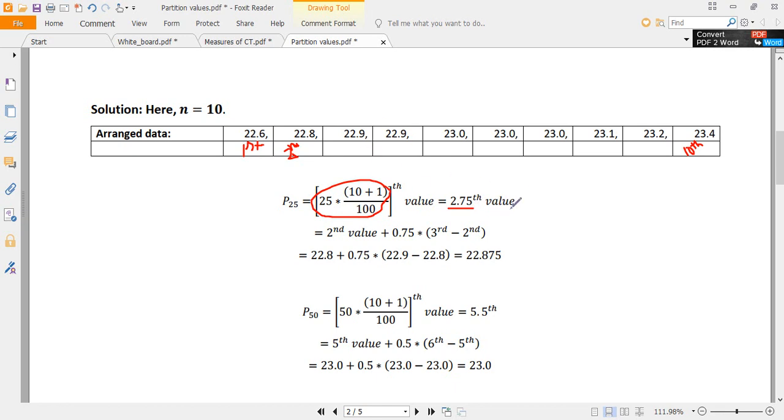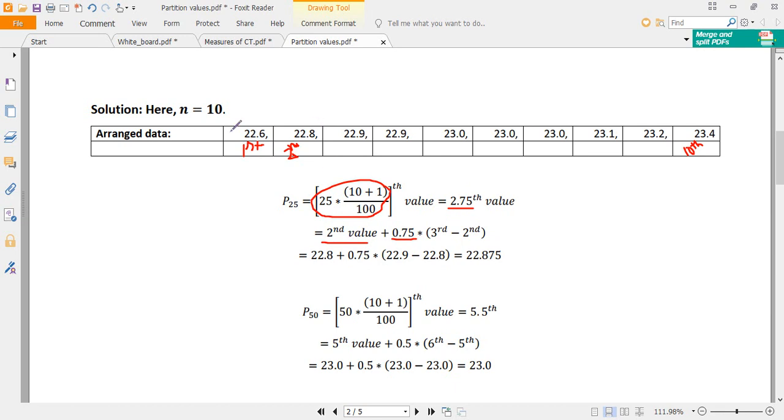It is not a whole number, it is a fraction, so we have to separate it into two parts. For the integer we write the second value, and we multiply the fraction by the difference between the third and second value. I think you can understand this.